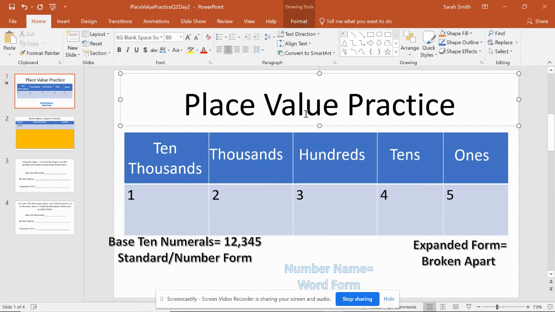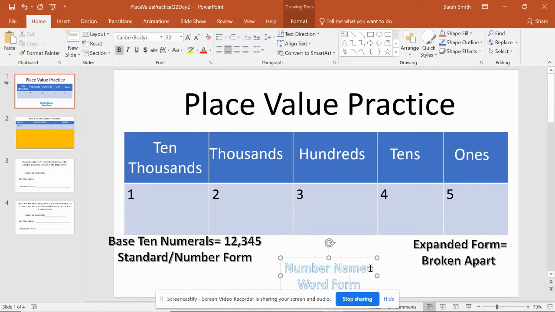Anyway, the number name sometimes is also called the word form. So in this example, you would say 12,000, okay? And then you'd go on to say 340, oh my goodness, 5.